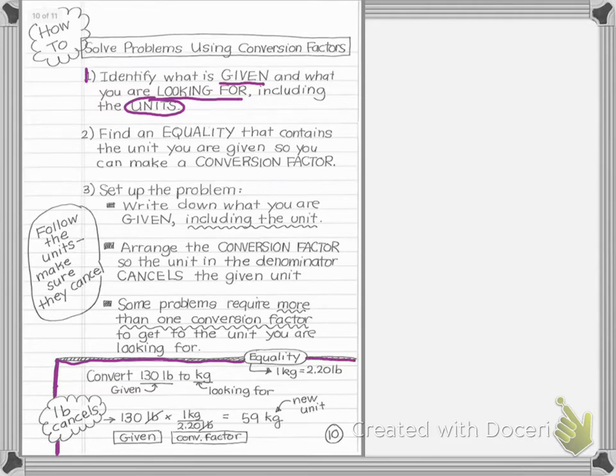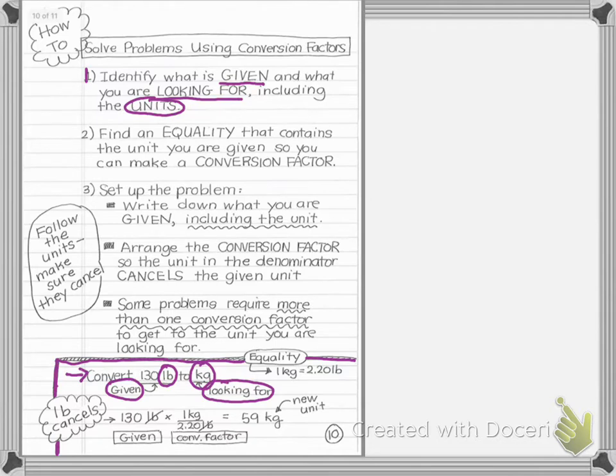Convert 130 pounds, that's what I'm given, to kilograms, and that's what I'm trying to find. So the two units I'm working with, I'm given pounds, and I'm trying to find kilograms. Okay, that's what number 1 says.